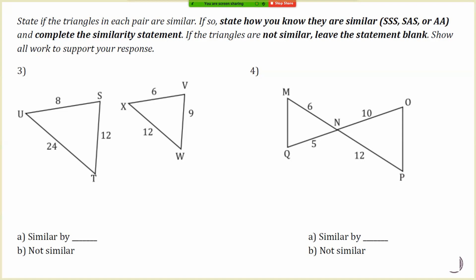To prove two triangles similar by side, side, side, we need to find the proportion for all of the sides. So again, I always start with the smallest side first. Looking at the triangle on the left, I have 8, 12, and 24. Smallest side is 8. I'm going to take that 8 and divide it by the shortest side of the second triangle, and that would indeed be 6.